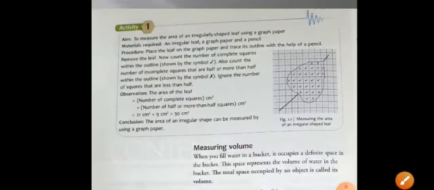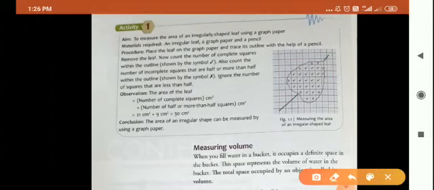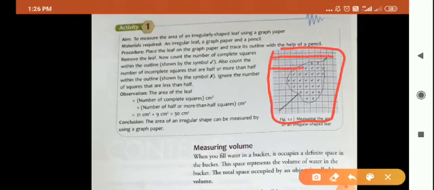See here. Activity 1: Measuring the area of an irregularly shaped leaf using a graph paper. Now see children, you can see from the diagram, this is your graph paper having horizontal and vertical lines.